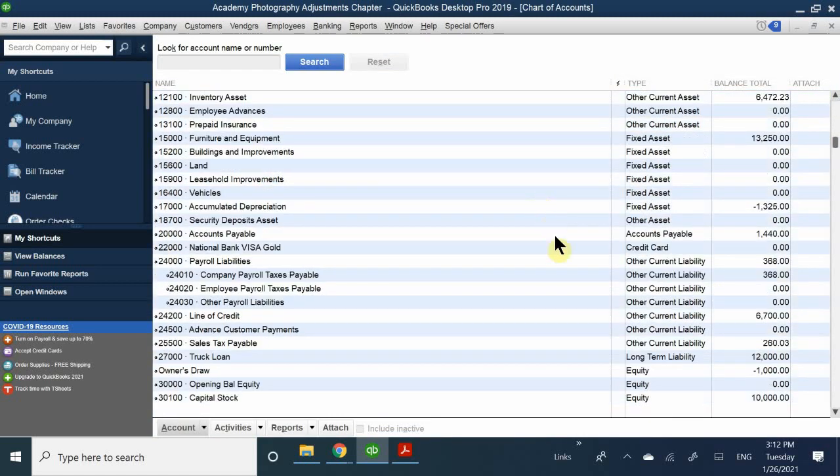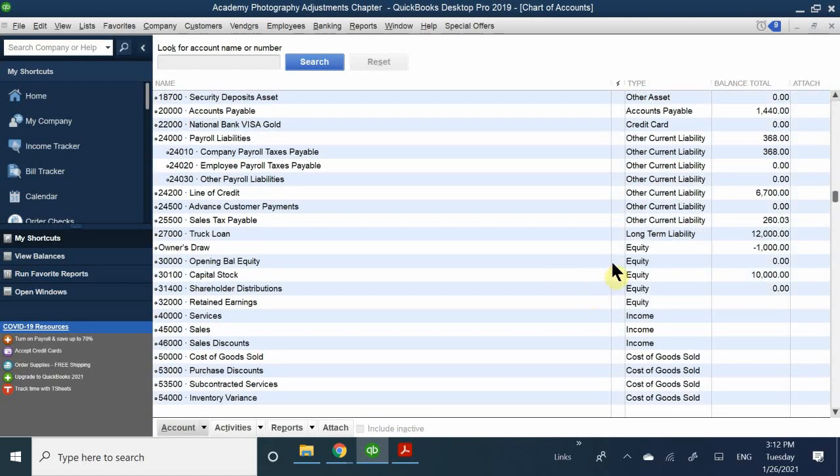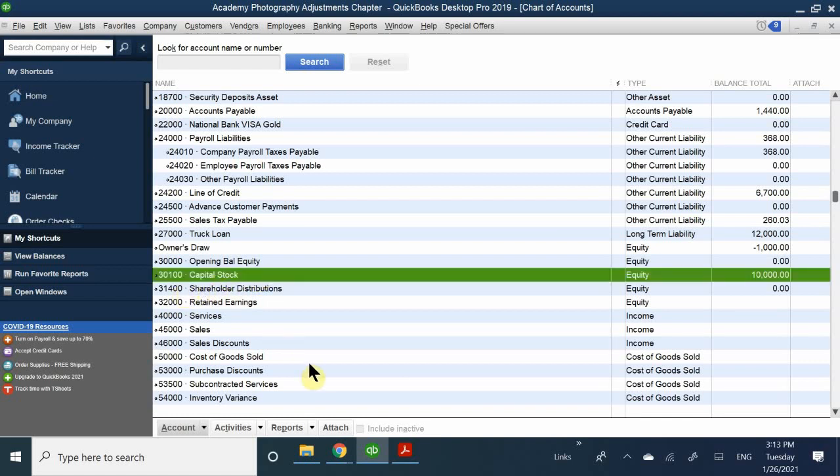So let me see. Equity. It is called opening balance equity. Okay, we have capital stock. We have retained earnings. Okay, so it's going to be opening balance equity is going to be the equity account. Or in this case, capital stock is our equity.